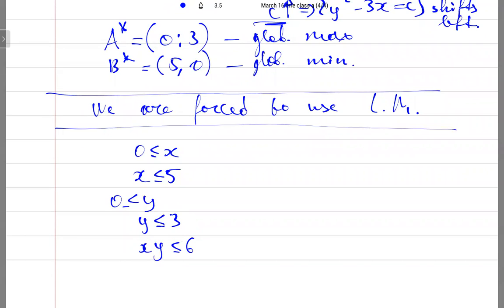Honestly speaking, I have 5 inequalities. I need to introduce 5 lambdas. Whoa, I'm scared. 5 lambdas.